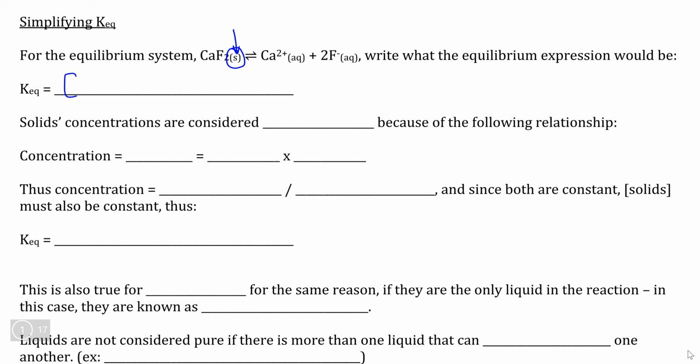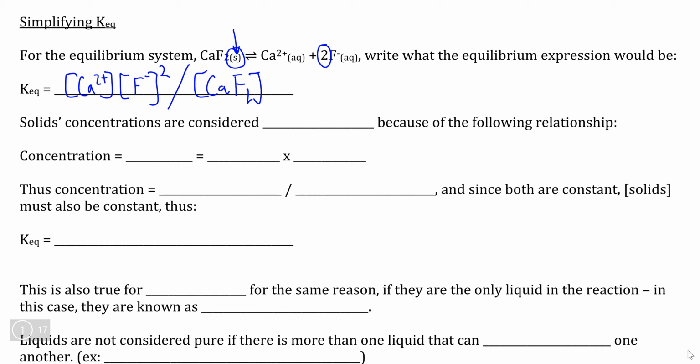We have two products, so we would represent these with concentration of calcium 2 plus ions times the concentration of fluoride ions, and we would take this coefficient of 2 and write a squared above the concentration of fluoride, and then because we only have one reactant, we would simply write the concentration of CaF2 like so.